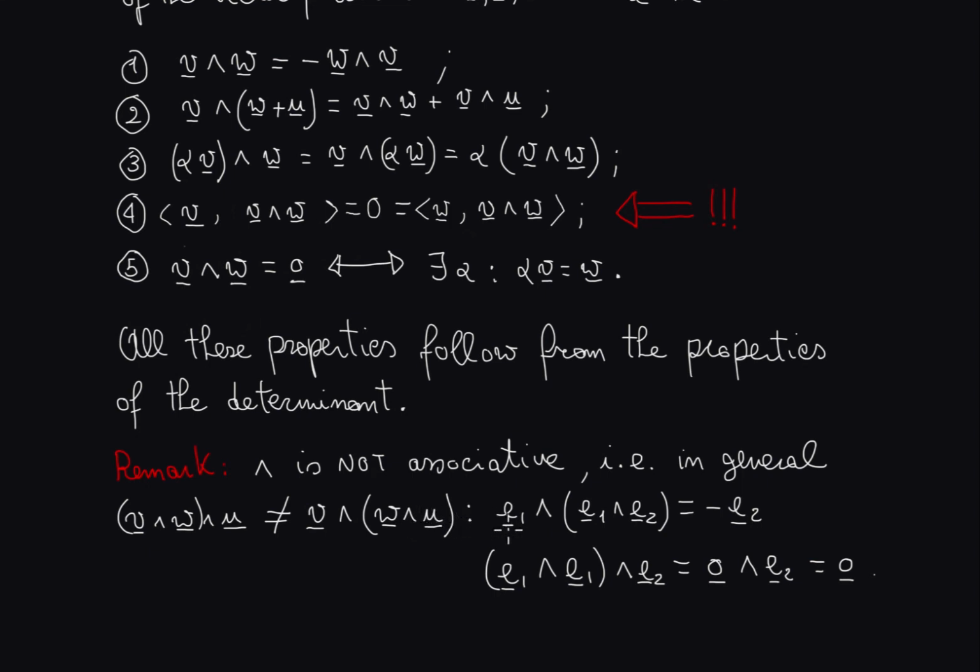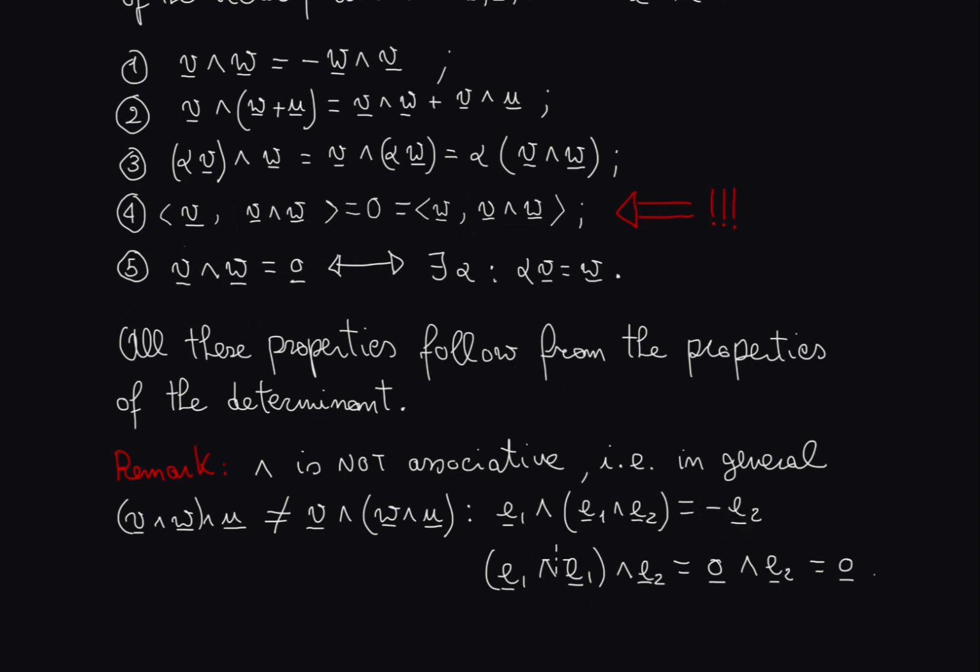For example, let's take the vectors of the canonical basis. If we multiply e1 vector e1 vector e2, we will be getting negative e2.